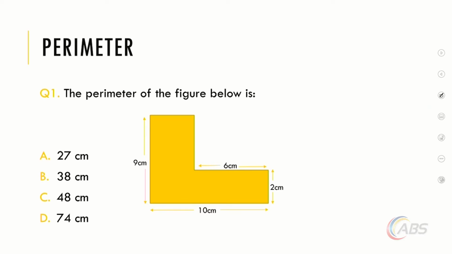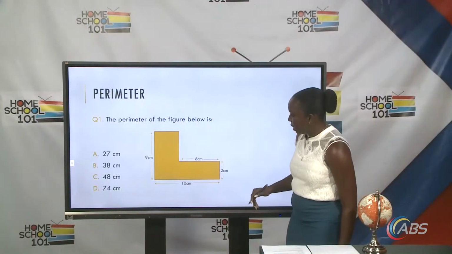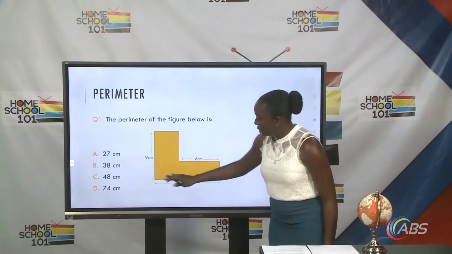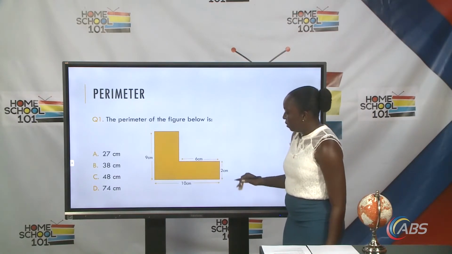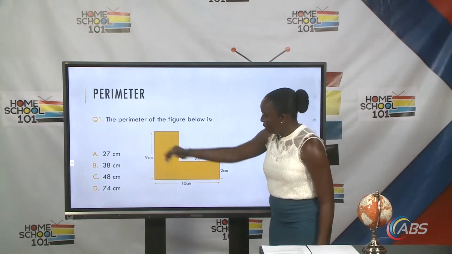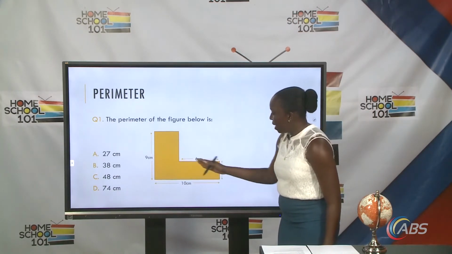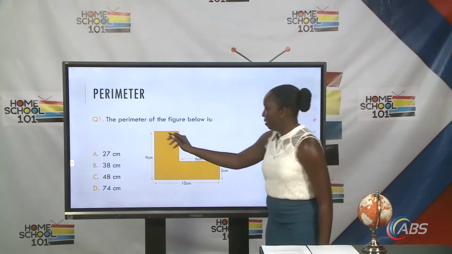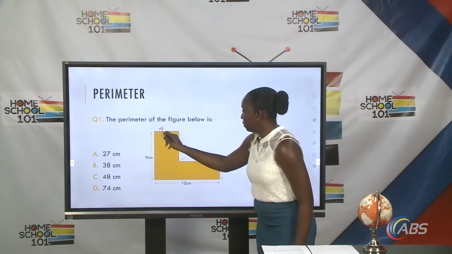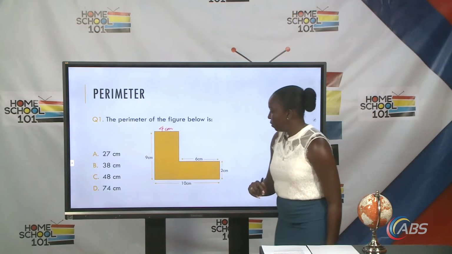We know that the bottom of this shape is 10 centimeters. And above that, we have a measurement of 6 centimeters. Because these are going horizontally, we can find the other horizontal side. Because the entire thing is 10, a part of it is 6, so what is left? 6 plus what gives us 10? 4, all right?